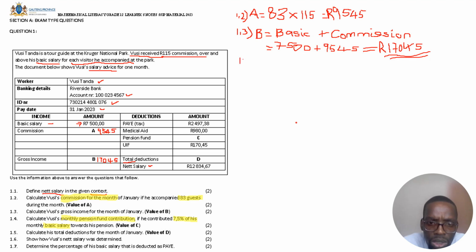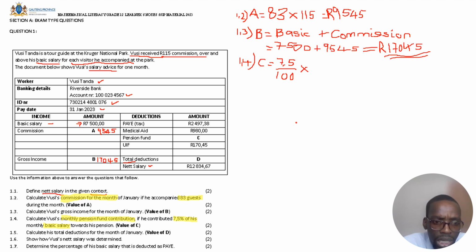So we are going to go to question 1.4. Question 1.4, and we are saying our value for C is going to be equal to 7.5% of, we are told 7.5% of his monthly basic salary.